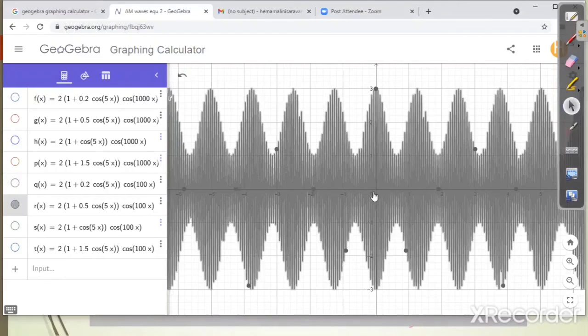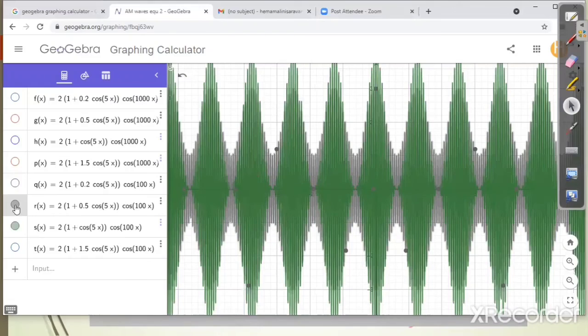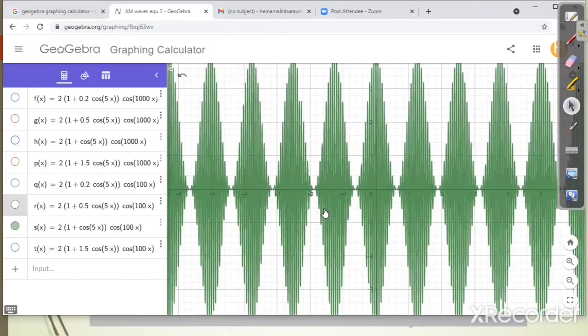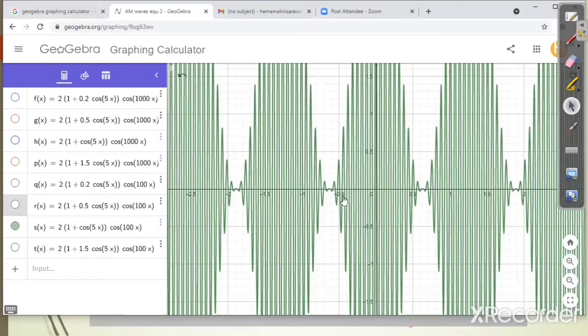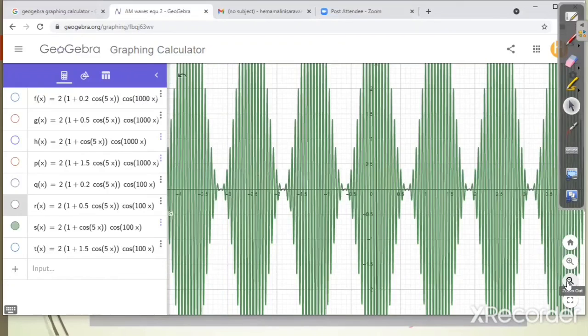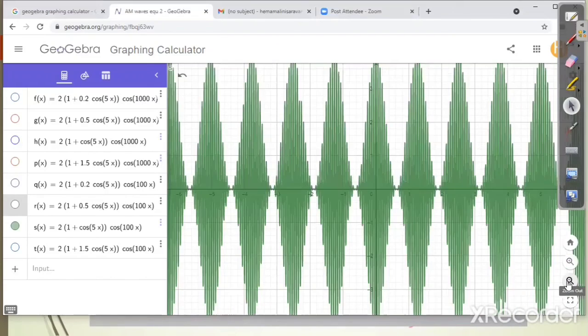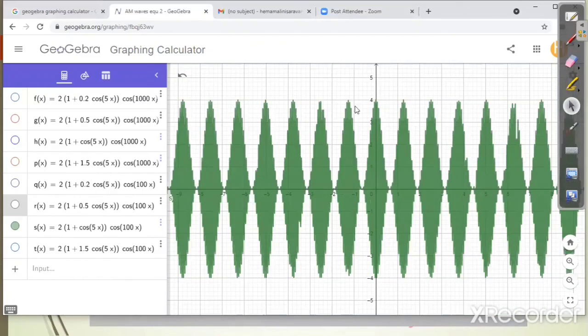This is an under-modulated signal. These are critical modulated signals. Here also we can observe that waveform. Here we can clearly observe the small waveforms also. If we zoom out, we can observe the envelope shape.